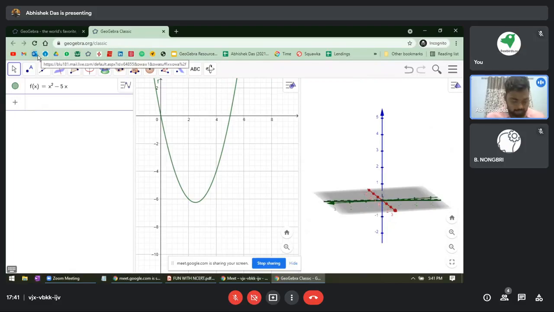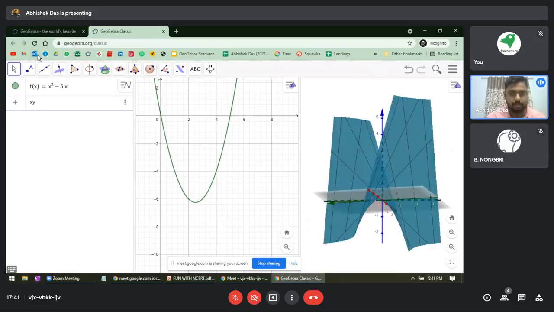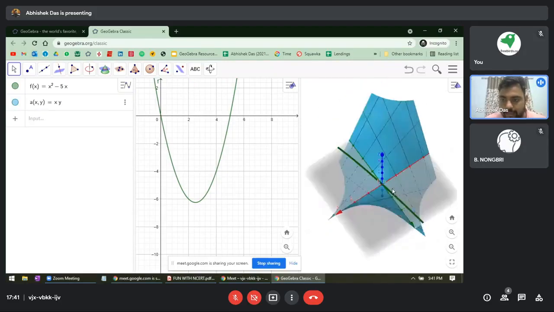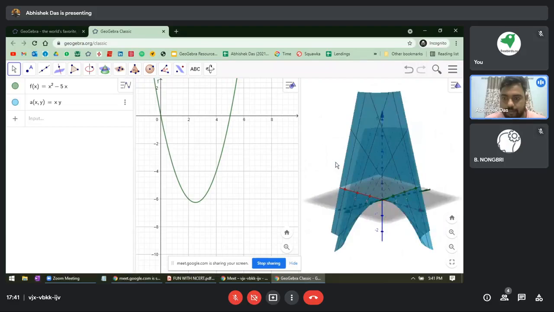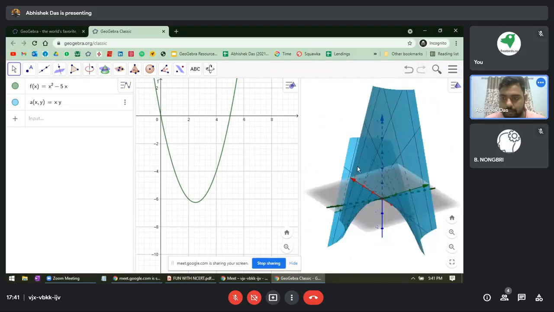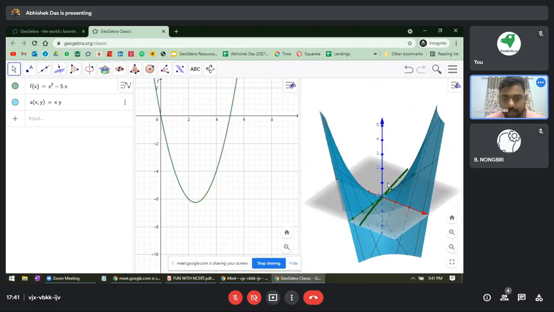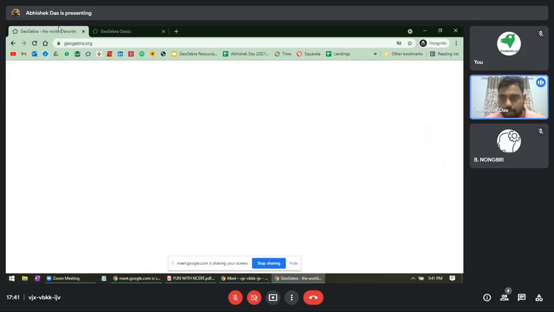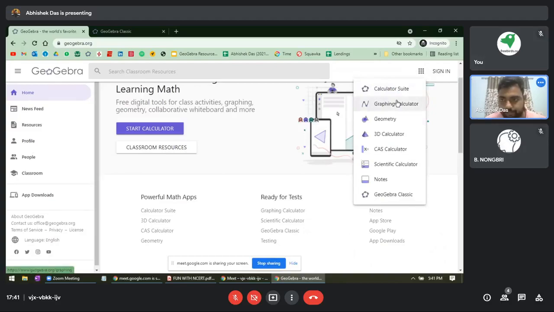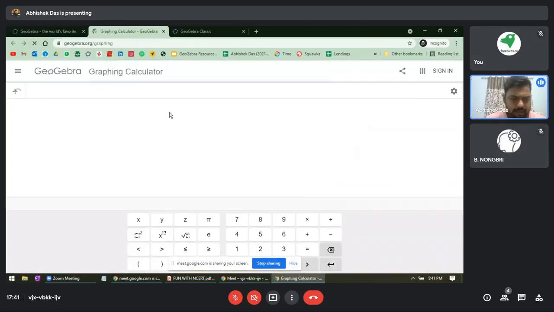Let me write down the function xy. Now over here you can see it has been shown as a surface on the 3-dimensional system, right?